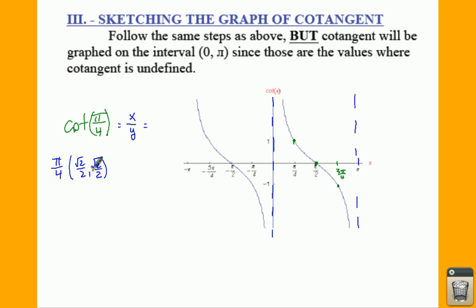You're just going to take radical 2 over 2 divided by radical 2 over 2, which is just 1. You do the same thing with the cotangent of 3 pi over 4, but in this case your x value is negative, so you'd get negative radical 2 over 2 divided by radical 2 over 2, which would give you a negative 1. So that's why over here at 3 pi over 4, you go down 1, draw in your smooth curve.